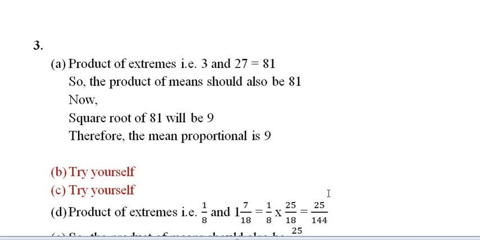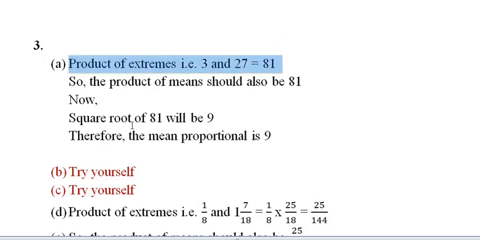All these are actually your extremes. The product of extremes should be equal to the product of means. So for 3 and 27, just multiply them and find the product of the extremes.